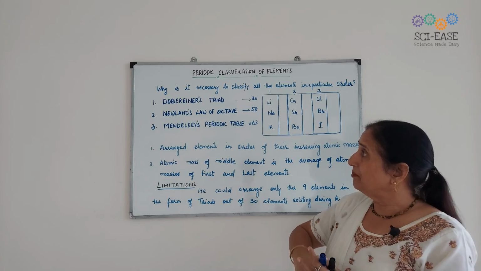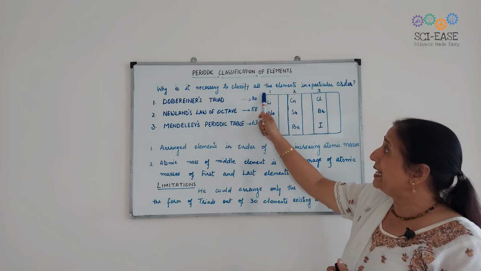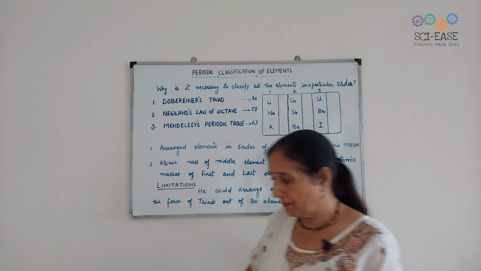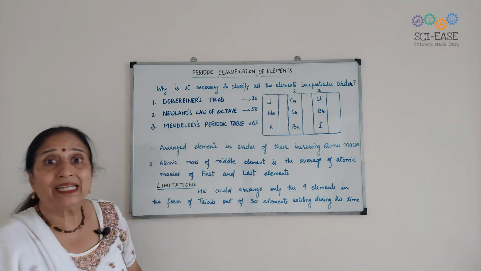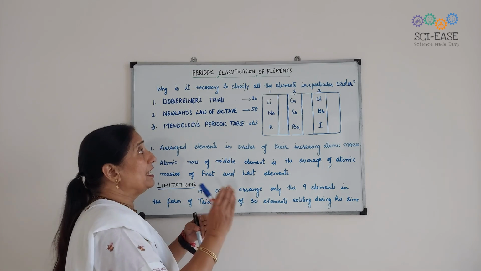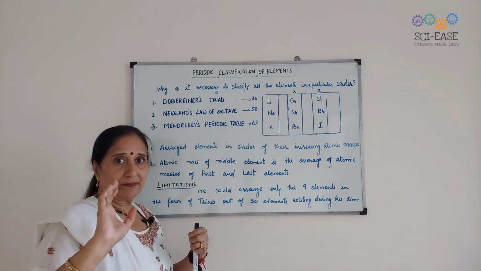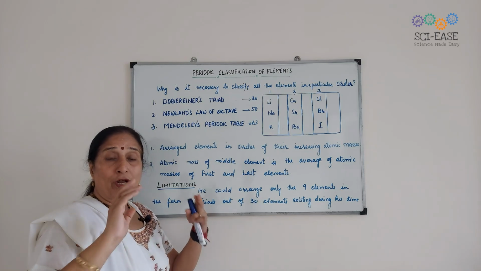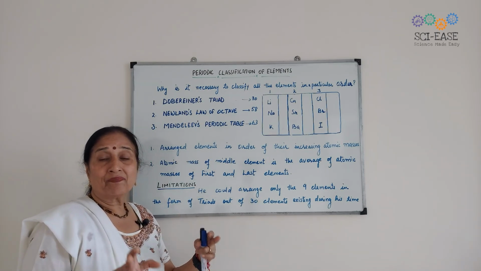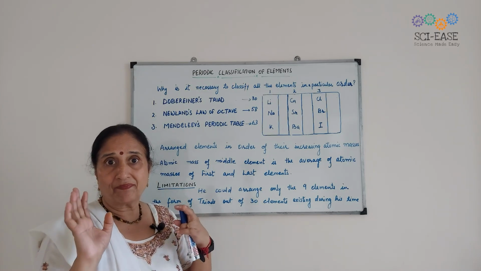At this time, 30 elements were discovered. Out of these 30 elements, he formed 3 triads, that is, for 9 elements he formed triads, groups of 3.